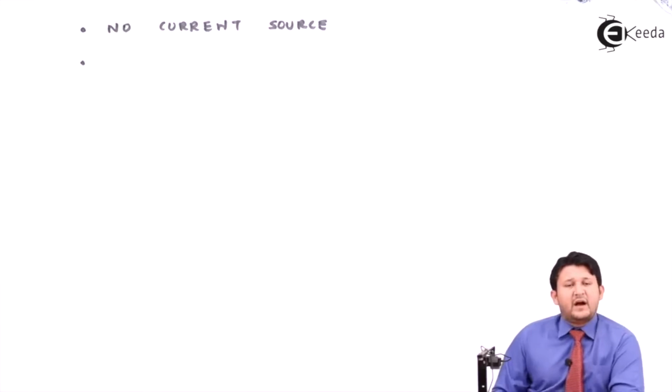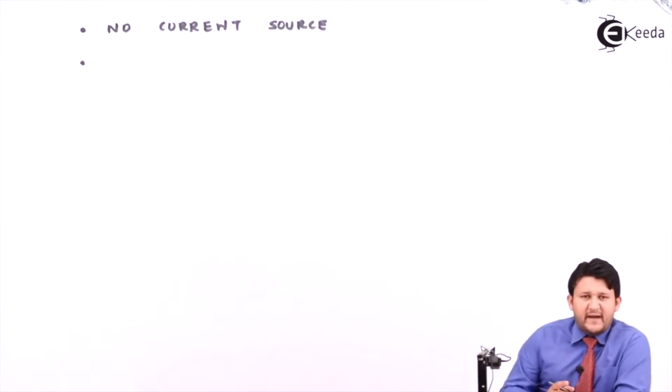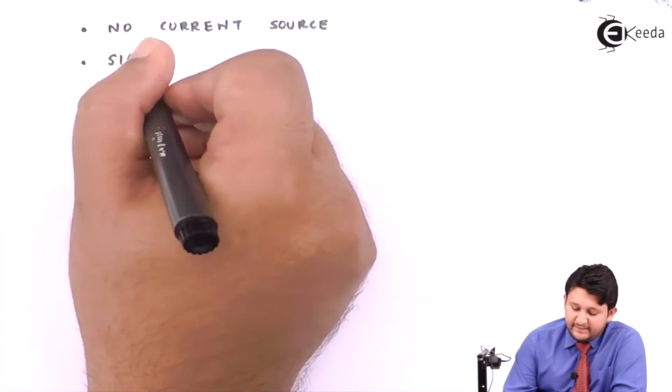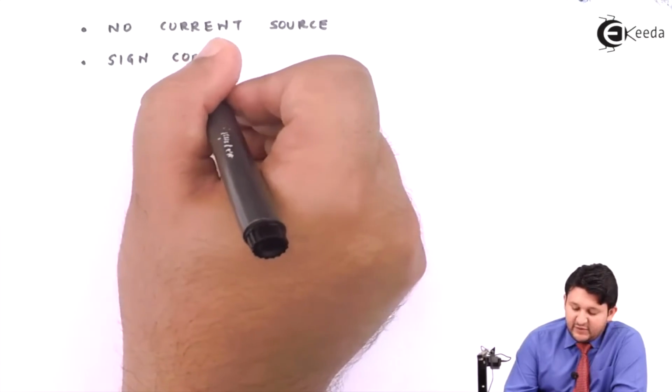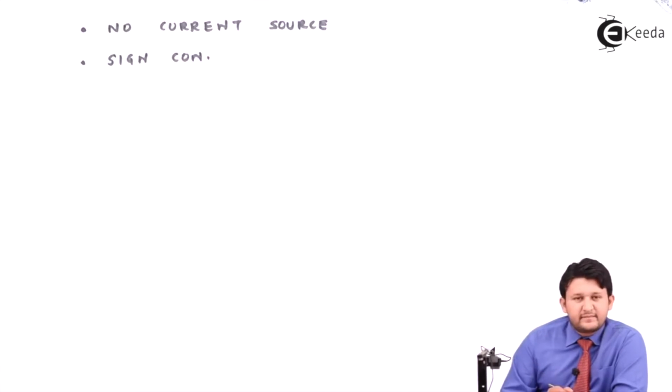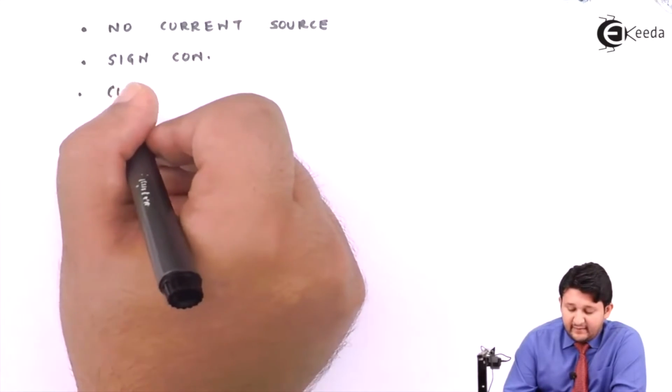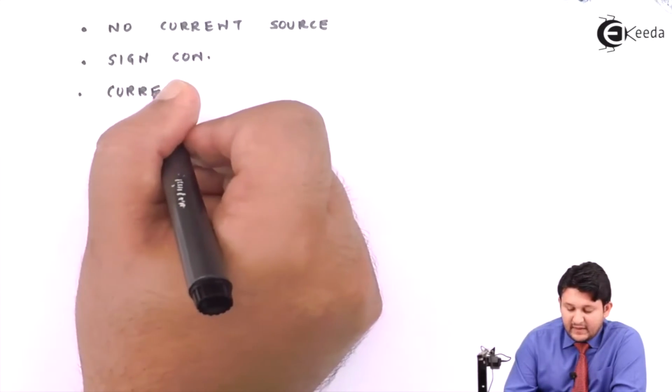Next, after selecting the shortest path with no current source, we need to give the sign convention. Sign convention is given by the current.